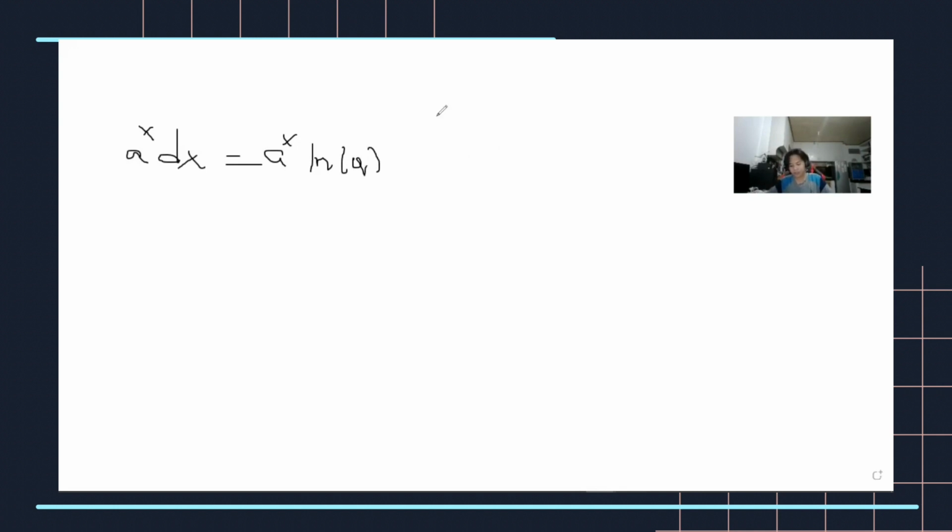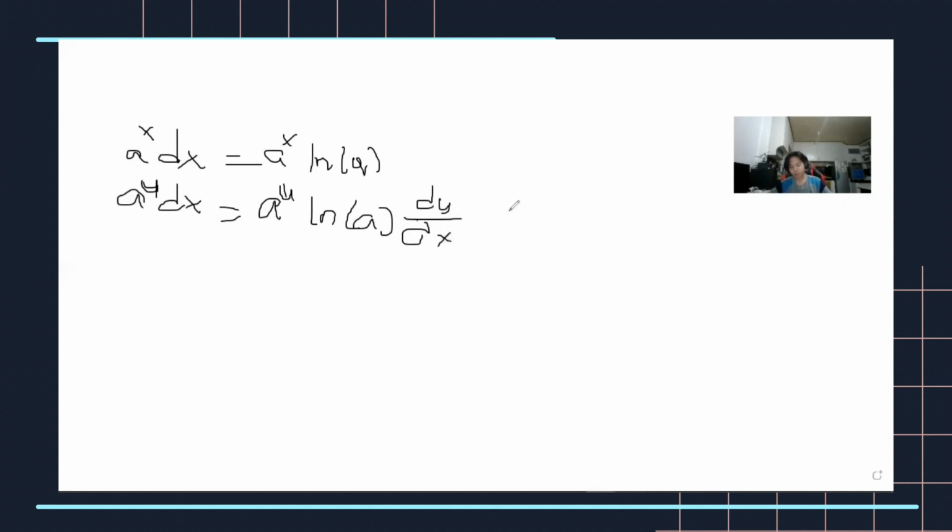Sorry for this. And the other one would be the derivative of a raised to u dx, which is equal to a raised to u times ln of a times the derivative of u, which is du over dx.